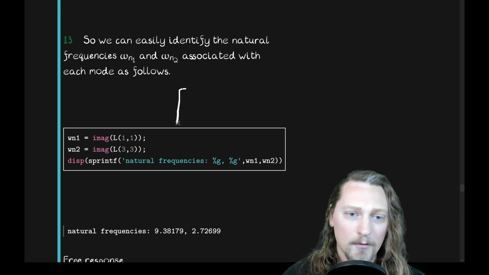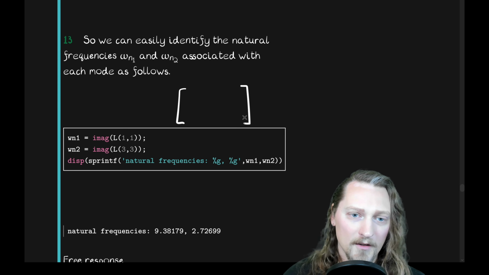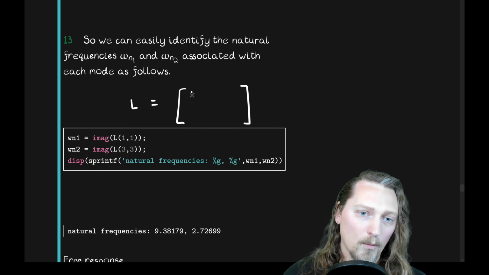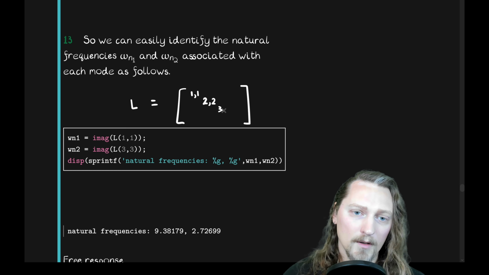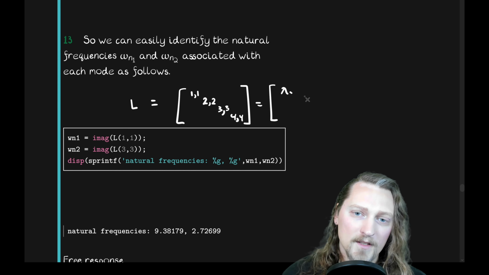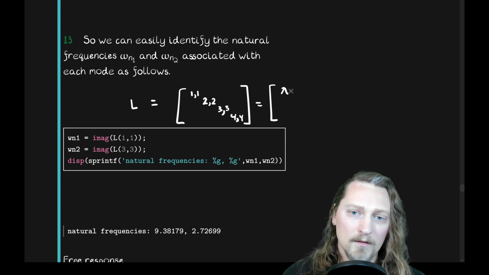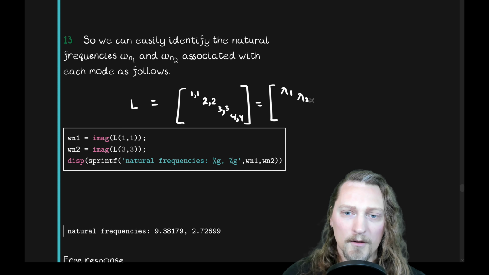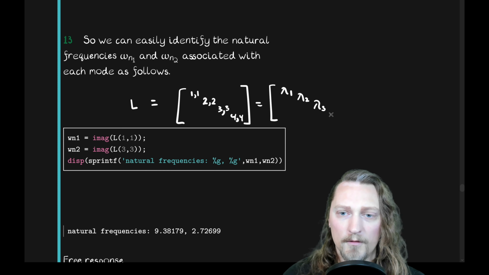L is a 4 by 4 matrix of eigenvalues. This is the 1,1 component, this is the 2,2 component, the 3,3 component, and the 4,4 component. Those correspond to the first eigenvalue, the second eigenvalue, the third eigenvalue, and the fourth eigenvalue.